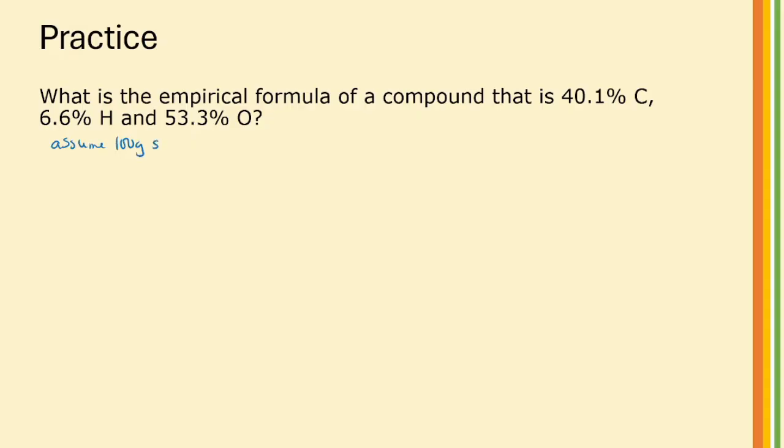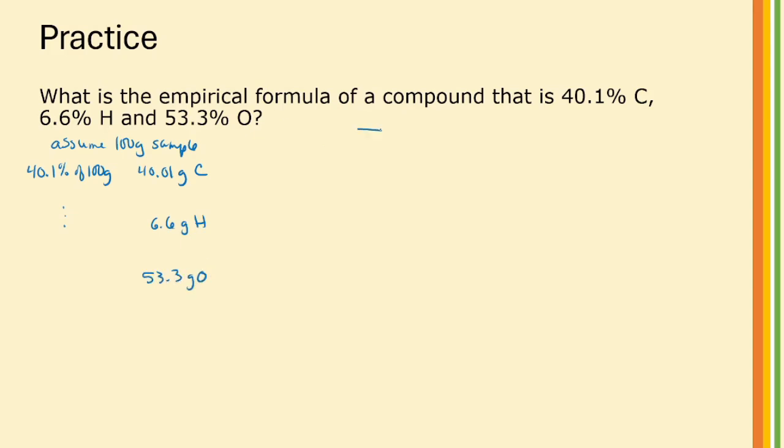So 40.1% of 100 grams, I just multiply. Okay, well then that's 40.1 grams of carbon. Similarly, I could do the same thing and say I have 6.6 grams of hydrogen and 53.3 grams of oxygen.